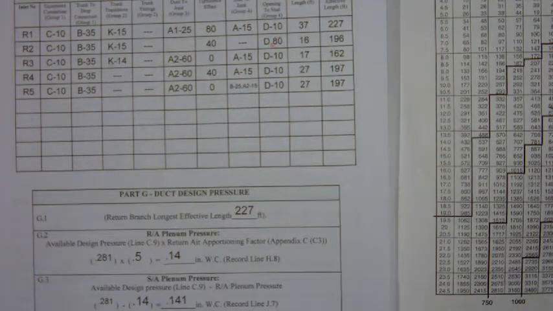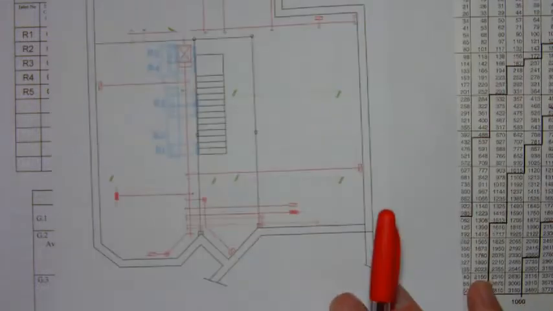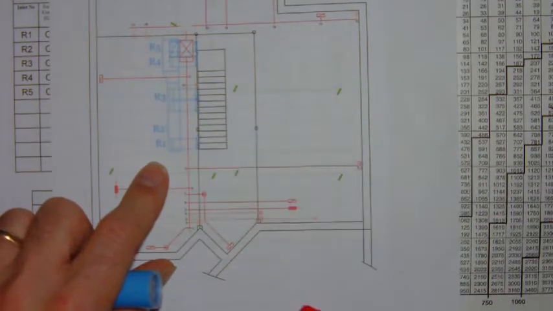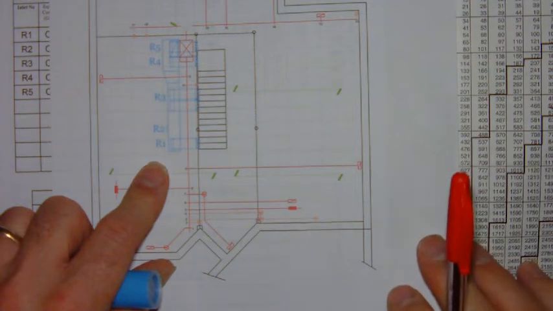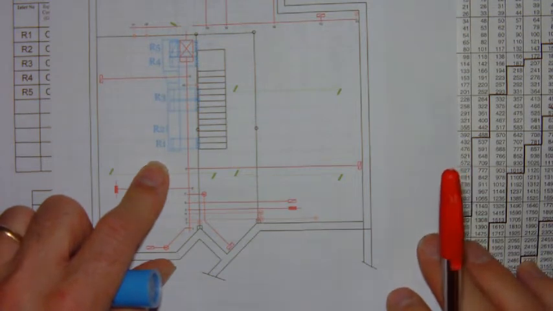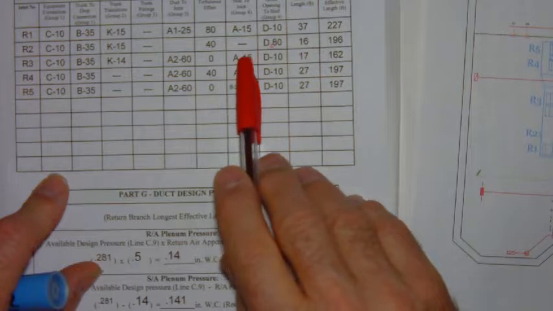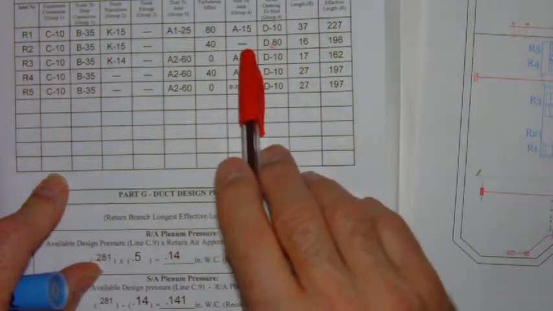Now for the basement return, because the return is directly connected to the ductwork, there will be no stud to joist or joist to stud fittings, as well as there will be no joist to duct fittings. So as you can see, the stud to joist fitting is blank.